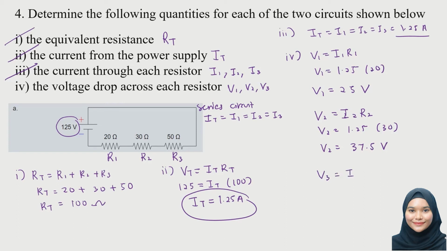The current through resistor 3 is 1.25 ampere and its resistance is 50 ohm. When you press the calculator, you will get an answer of 62.5 volt. So we are done with question number 4.